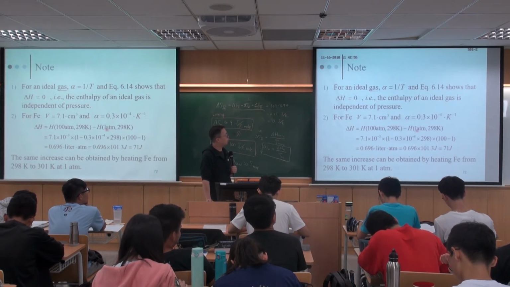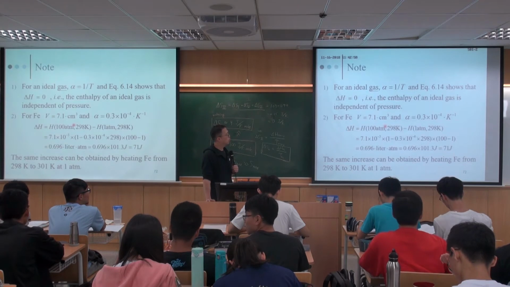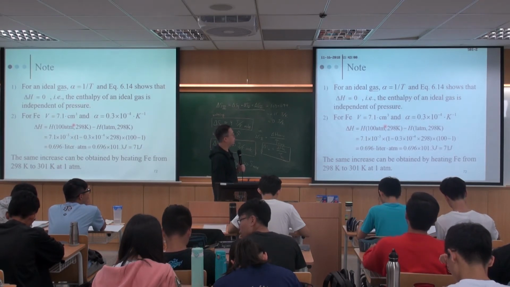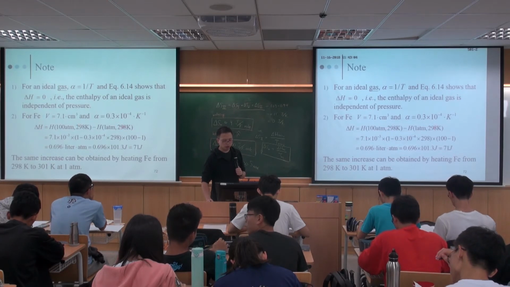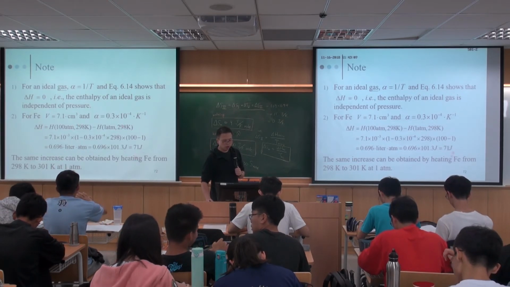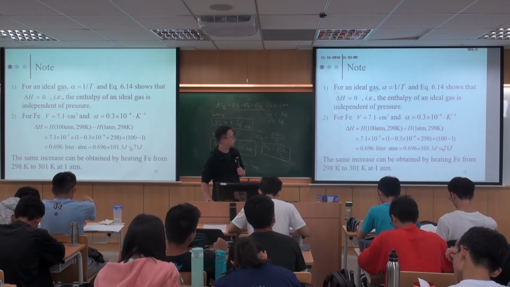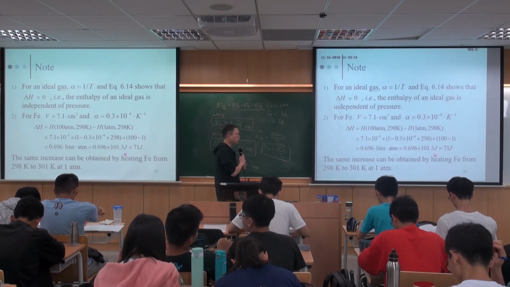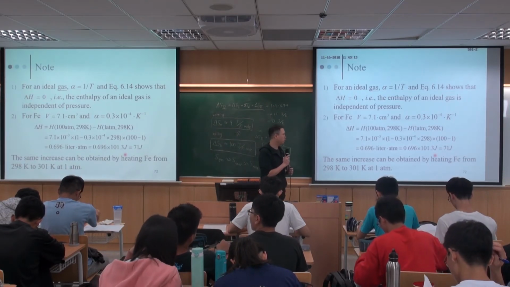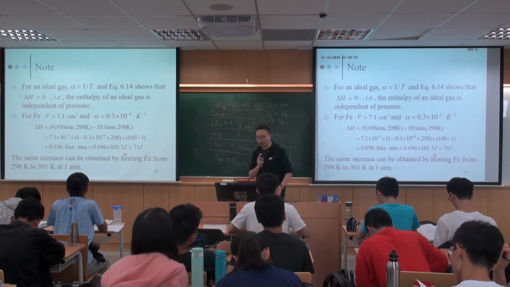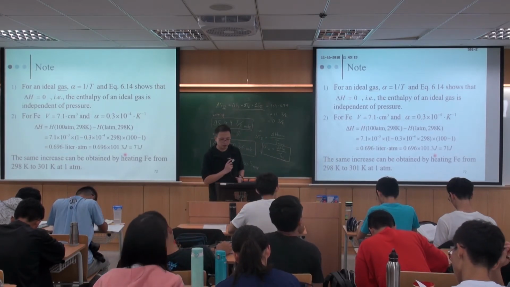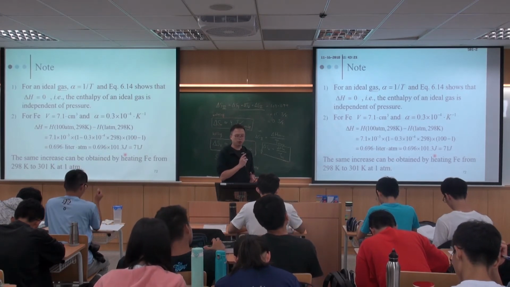So this is a very huge pressure change, from 1 atm to 100 atm at constant temperature, at room temperature. We only see that the change of enthalpy is 71 joules. So this is a very small value, because the same increase can be obtained by changing the temperature of iron from room temperature to 301.